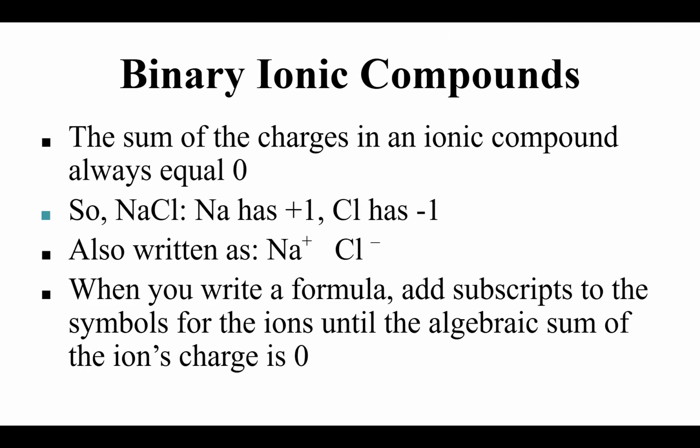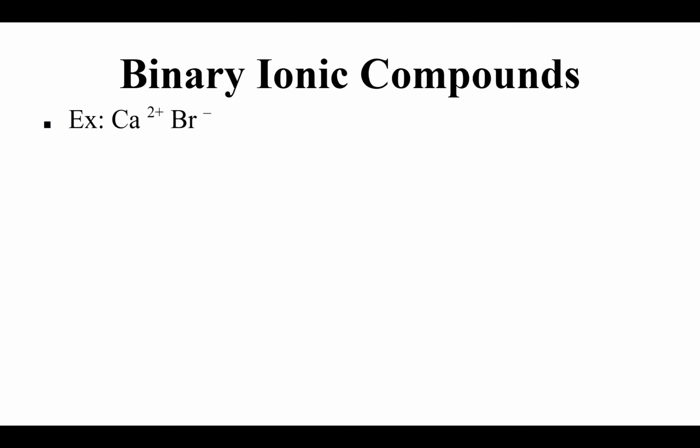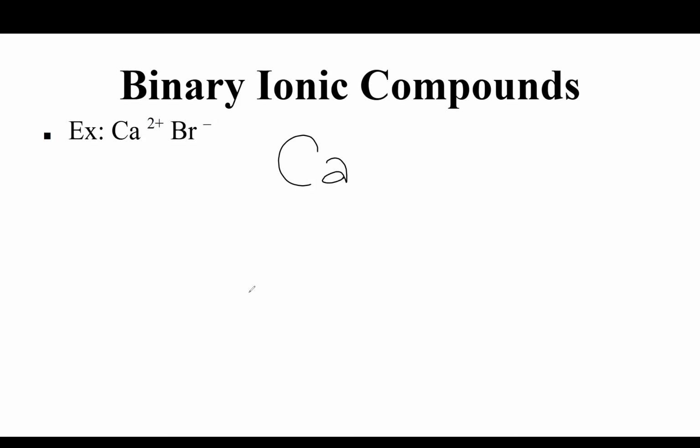Now, when you write a formula, you're going to add subscripts to the symbols for the ions until the algebraic sum of the ions' charges is 0. The subscript tells us how many ions are present. Here is an example. We have calcium bromide. The easiest way to write your binary ionic compounds is to write your ions with their charges. Then you're going to swap the superscripts, the charges, and make them your subscripts.